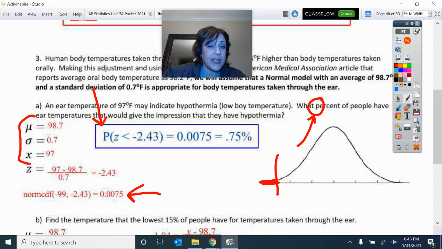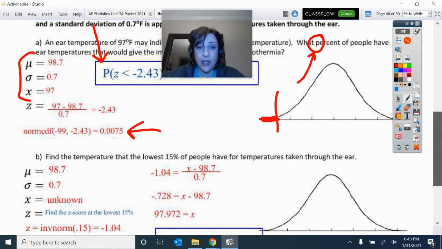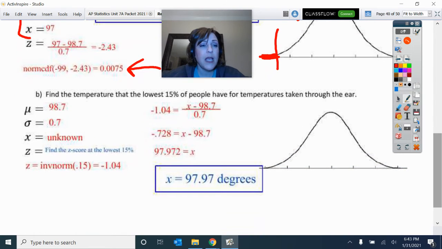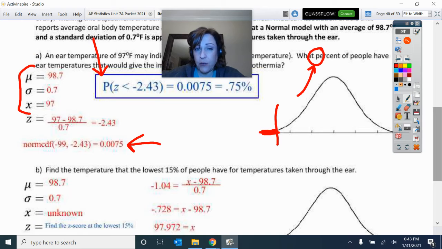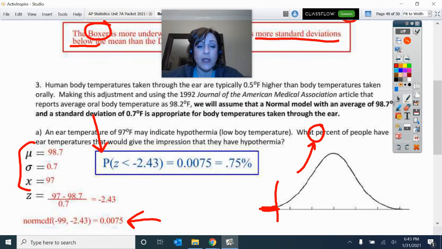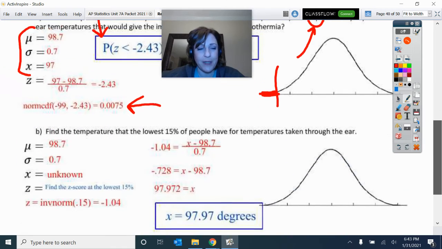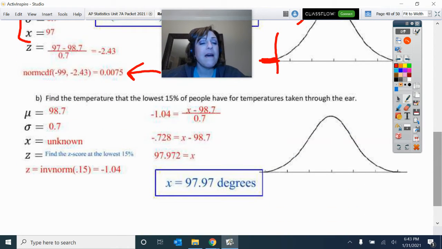So, that's a little hint: we would need to do our probability notation of having a z-score less than negative 2.43, and it was that value there, very small. The reason, again, that we needed to go less than is because we were talking about those with hypothermia who have low body temperatures. Find the temperature for that lowest 15%. So that is this lowest 15% down here.